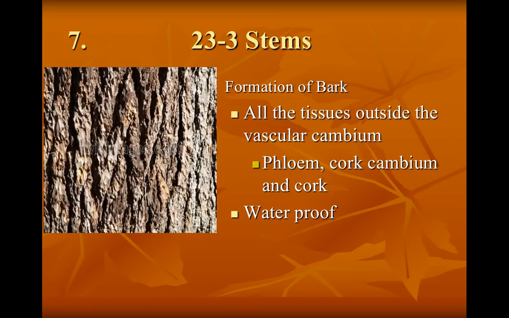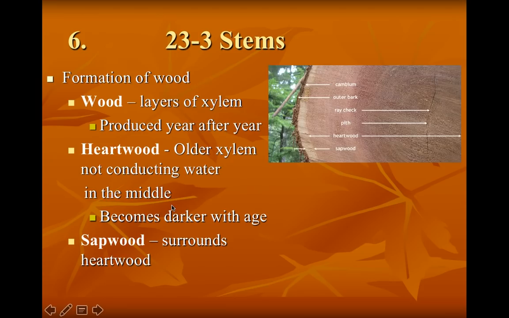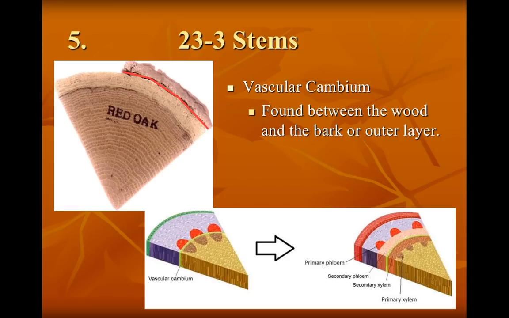Okay, but if you think about the way that this is growing, if this xylem is getting wider and wider, the primary phloem out here is being really stretched as the trunk gets wider.